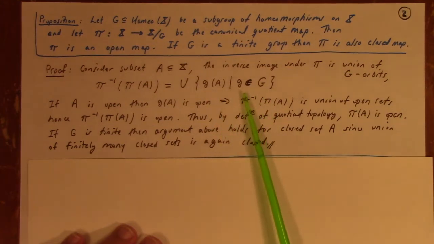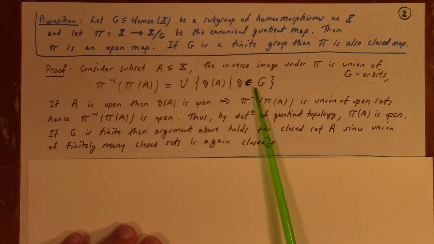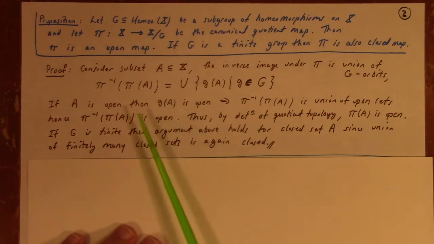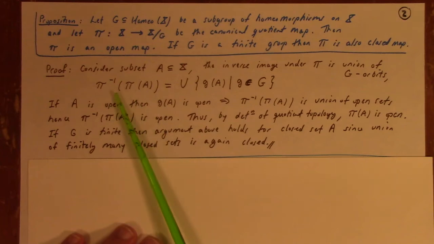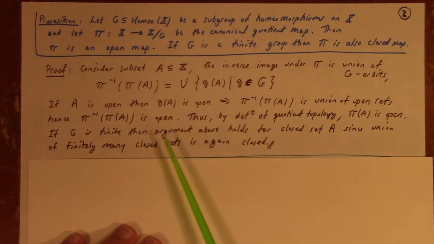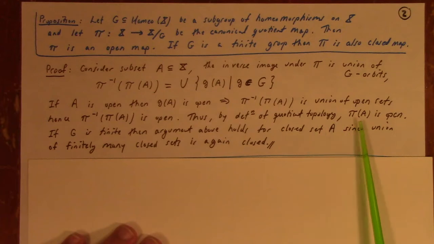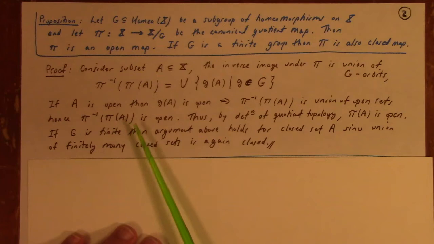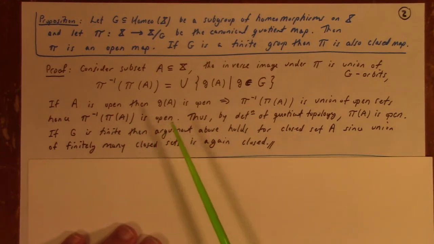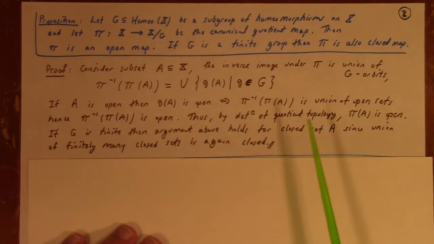And the thing is, if A is open, then g(A) is open because g is a homeomorphism, so homeomorphisms are open maps, they take open sets to open sets. And then this would be a union of open sets, which then means that pi inverse of pi of A is a union of open sets, which means it's open. And then by the definition of quotient topology, pi of A is an open set because its inverse image is open.